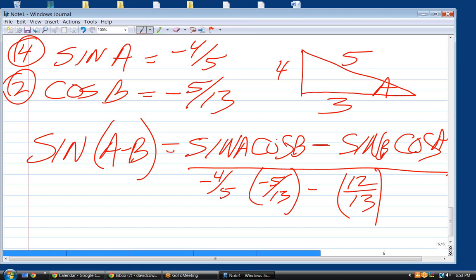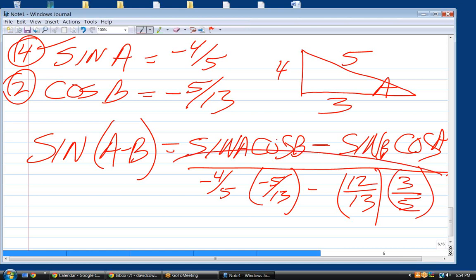So what would the cosine of A be? 3 over 5. Positive or negative? A is in the fourth quadrant, right? So cosine has to be positive in the fourth quadrant. So cosine would be 3/5.